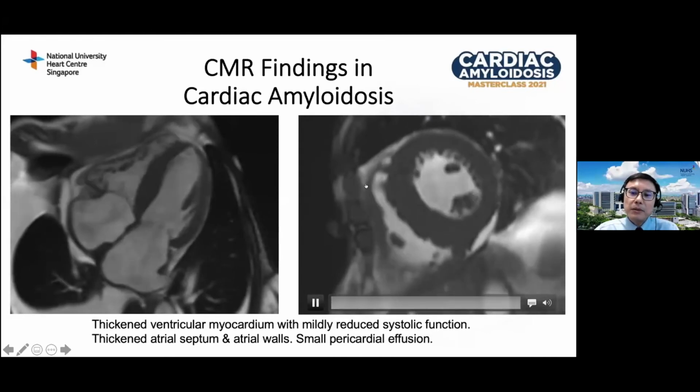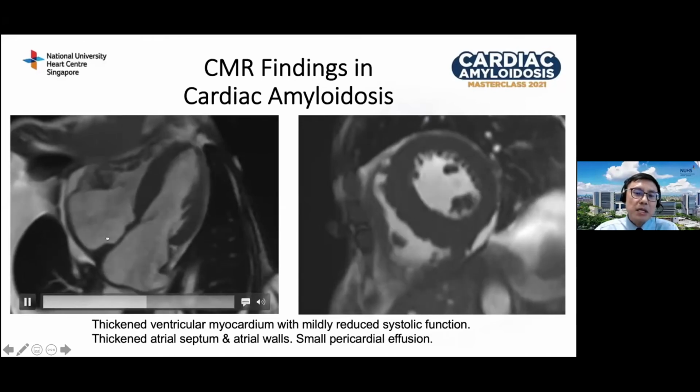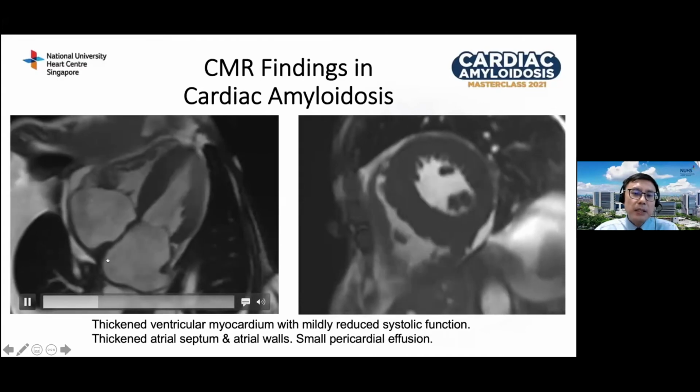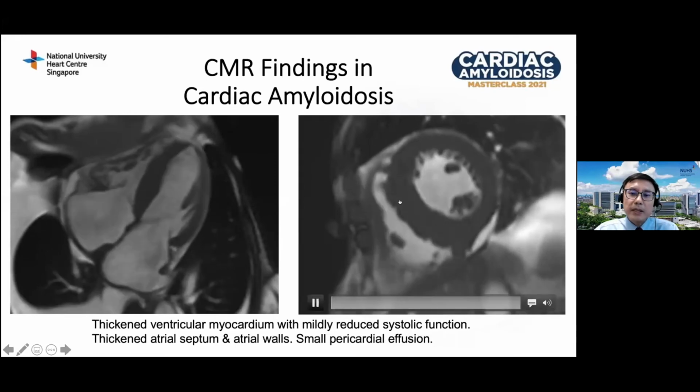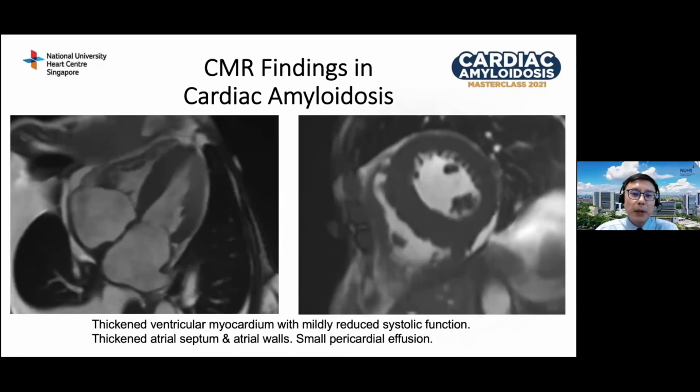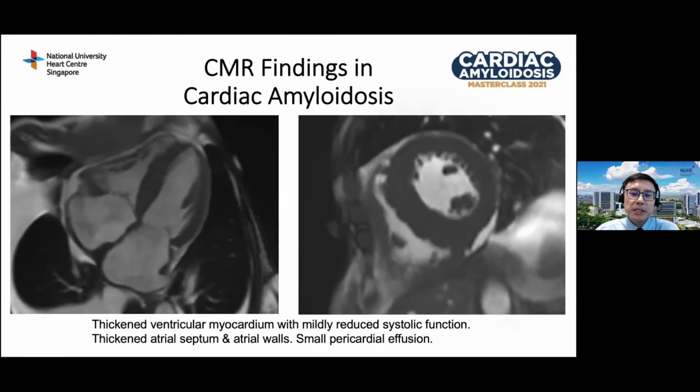There is also hypertrophy of the right ventricular myocardium, just as pointed out by Dr. Tan as well. And you can also see thickening of the atrial walls. Okay, so this is the right atrium, that's the left atrium, thickening of the atrial walls and the atrial septum, right? The atrial chambers are dilated, and there is also a small pericardial effusion, right? So these are all hallmark features of cardiac amyloidosis, right?